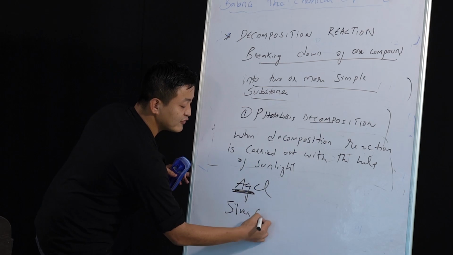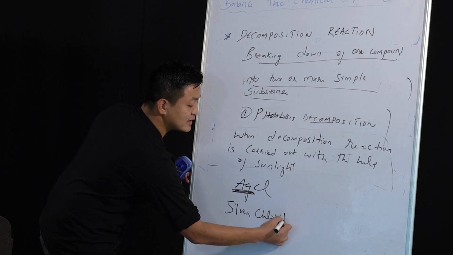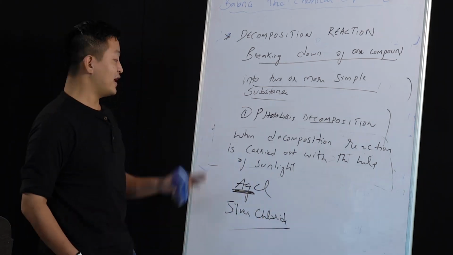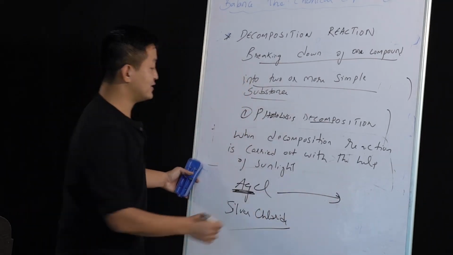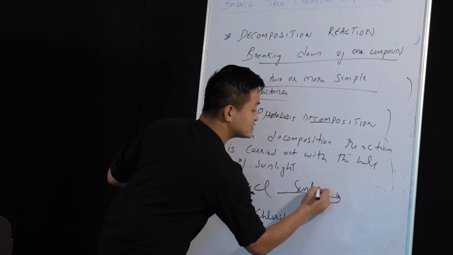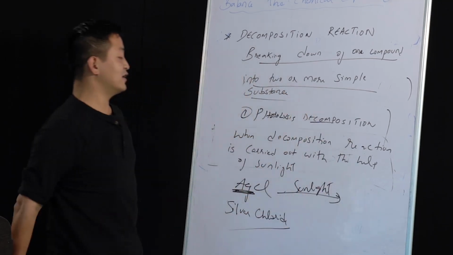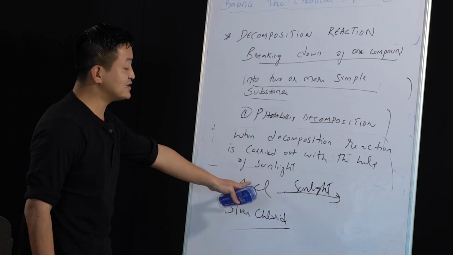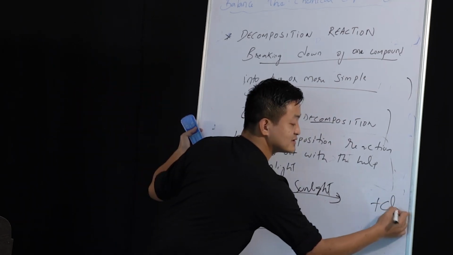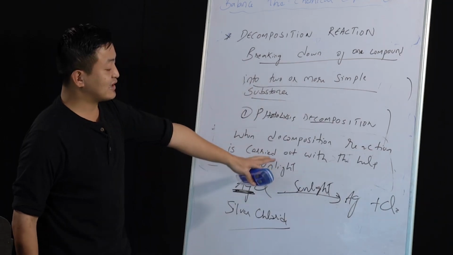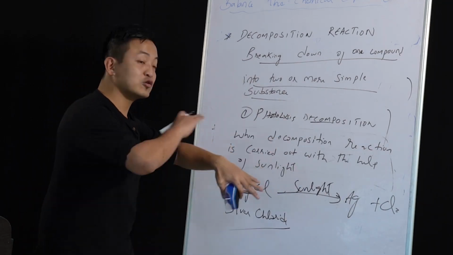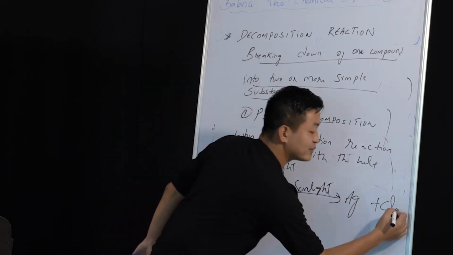And here we have silver chloride, AgCl. AgCl, when we just keep it in sunlight, what will we notice? This Cl breaks. So by passing sunlight, we'll get silver and chlorine will be separated.